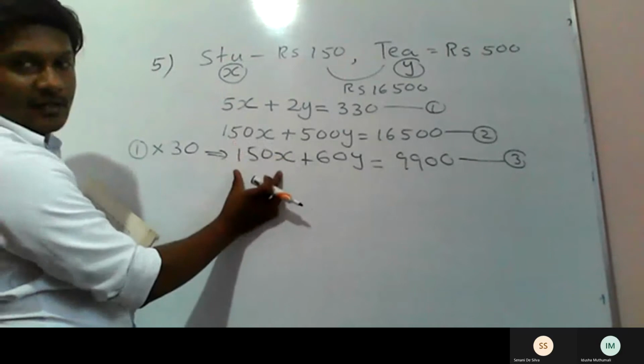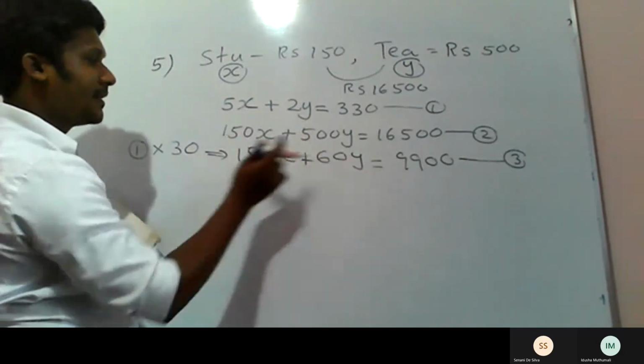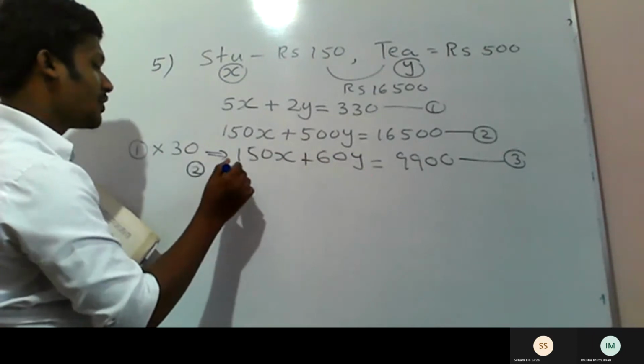When both x coefficients are equal, now we can subtract. Equation number 2 minus equation number 1.